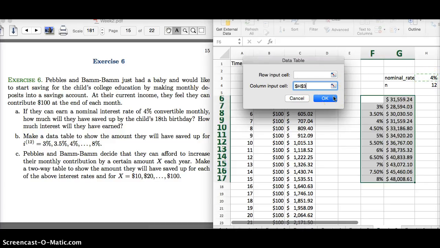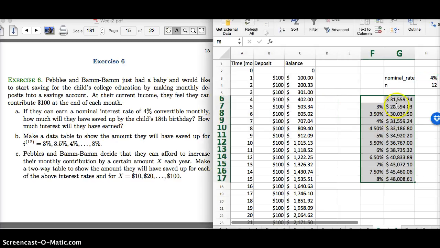I say okay, and it computes the ending balance assuming each of those different interest rates. For 4%, it gives me the value that I got before, because I computed it assuming 4%.